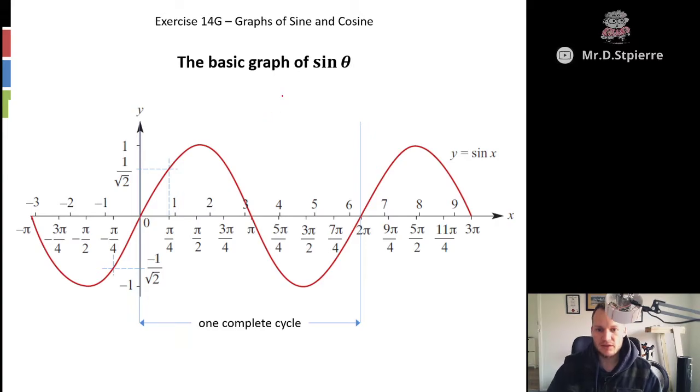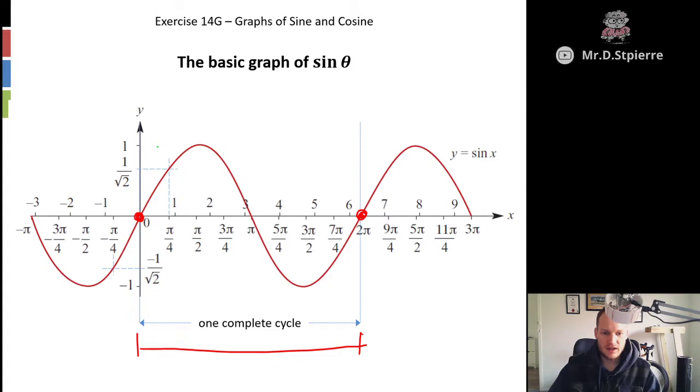So this is the basic graph of the sine, and we assign a couple key descriptors to this graph. The first being recognizing what we call a cycle. Shown here, this full length, from this point here to this point here is one full cycle. Now what's included in one full cycle?